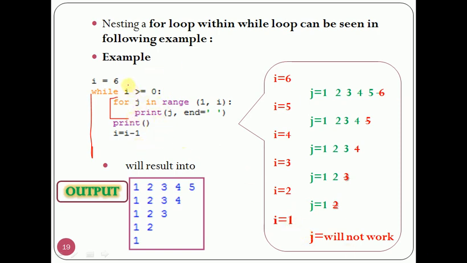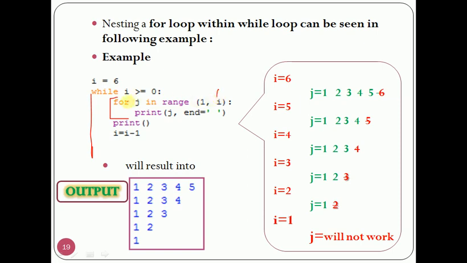When I becomes 1, 1 is definitely greater than or equal to 0, that is true. Then it comes to the inner for loop. Here j in range 1 comma 1 will happen. So the terminating value is also 1. It starts from 1 and the terminating value is 1, so 1 can't be there.